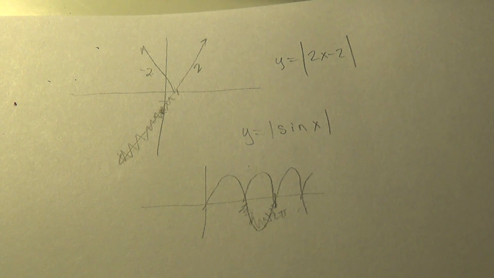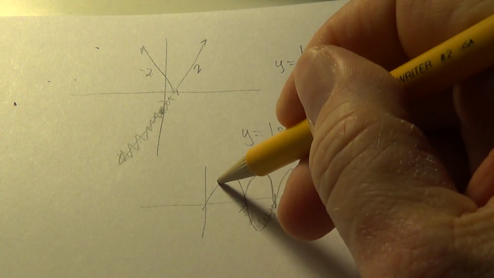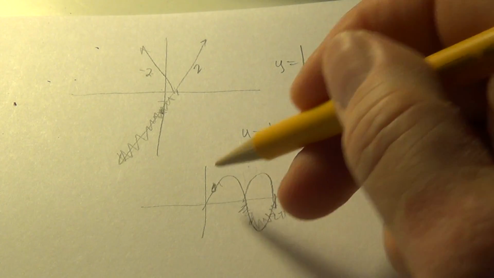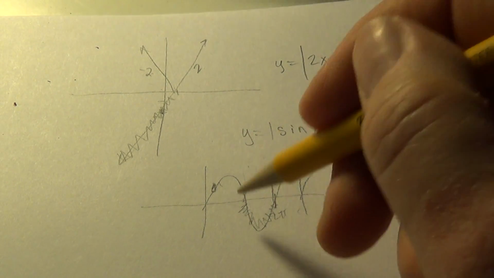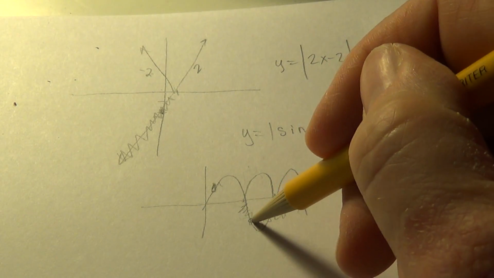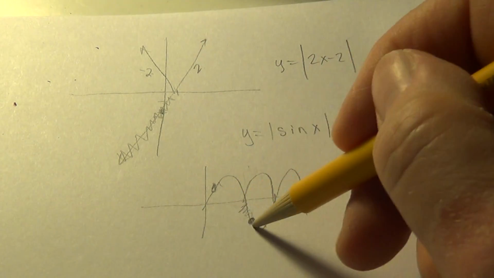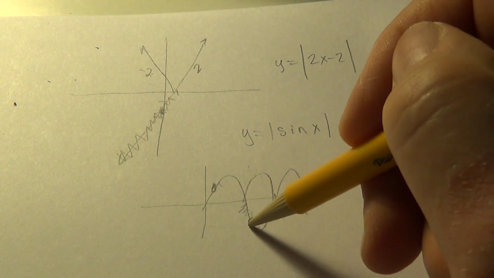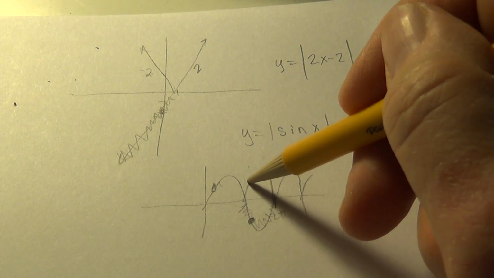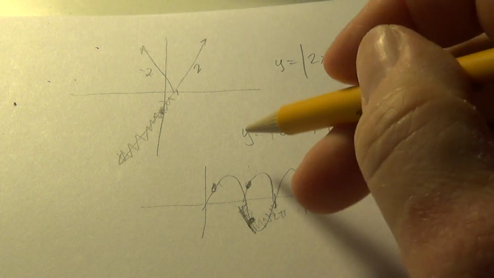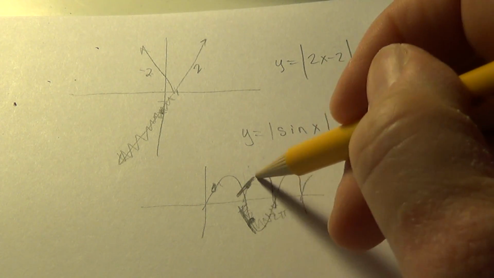So I can see then that if I knew the derivative of the regular sine curve, when it's above the x-axis, then the derivative is the same. It's cosine x. But when we're looking at a value that would be below the x-axis, so it has a negative y value, then we know that it's going to be the same slope, but in the opposite direction.